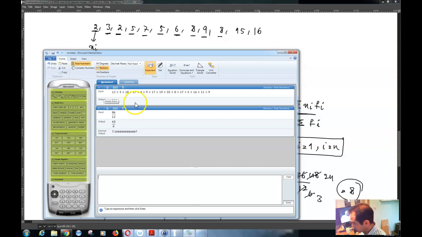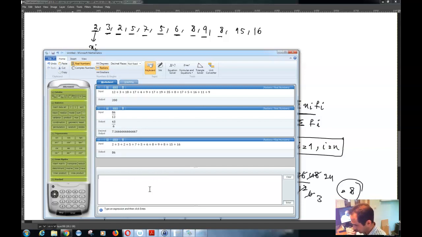Let me add the numbers together again. I might have made a mistake there. So 2 plus 3 plus 2 plus 5 plus 7 plus 5 plus 6 plus 8 plus 9 plus 8 plus 15 plus 16. 86.